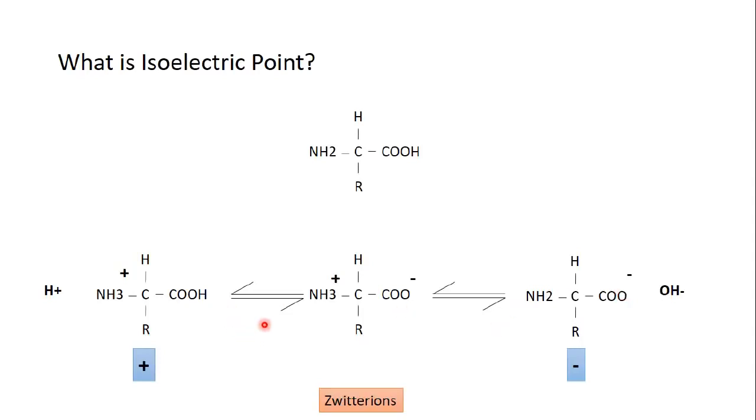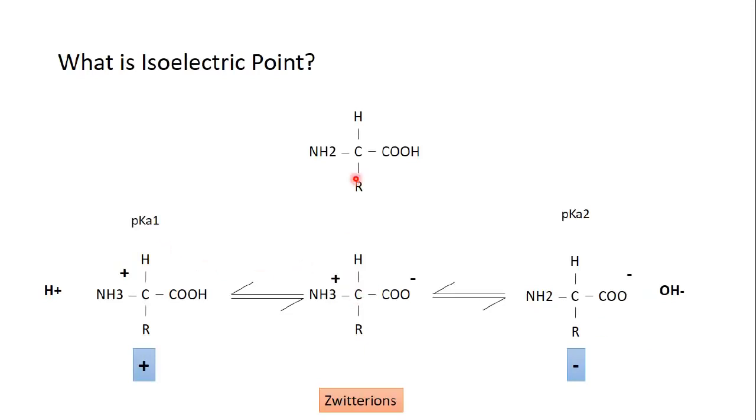The pH in which all the amino groups will be protonated and the carboxyl groups will be deprotonated, we call pKa1. And the pH in which the amino acid will be holding a negative charge, we call it pKa2.